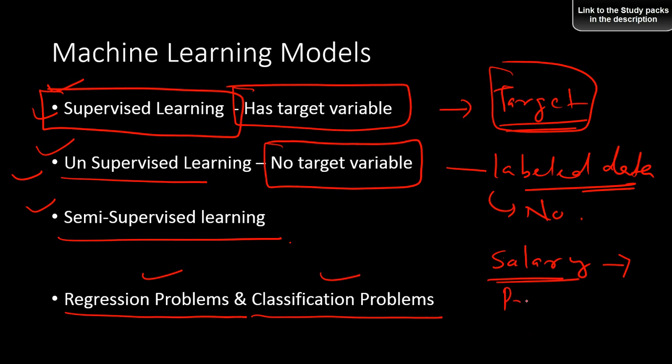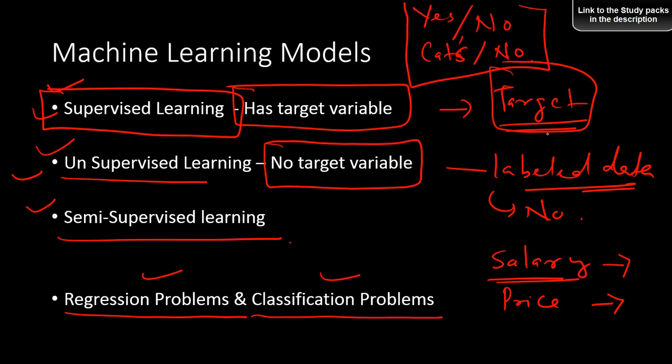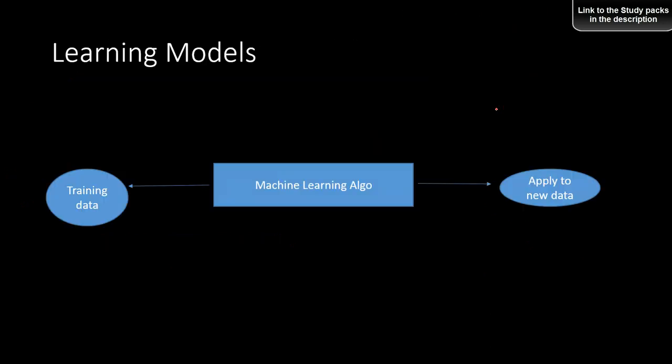Or the house price. So these are regression problems where you are trying to find out the value of a continuous variable. Classification problems could be whether you should give a loan to someone or should not give a loan to someone, or knowing whether a given image is a cat's image or not. This is an example of a classification problem. Now, random forest can be used for both.